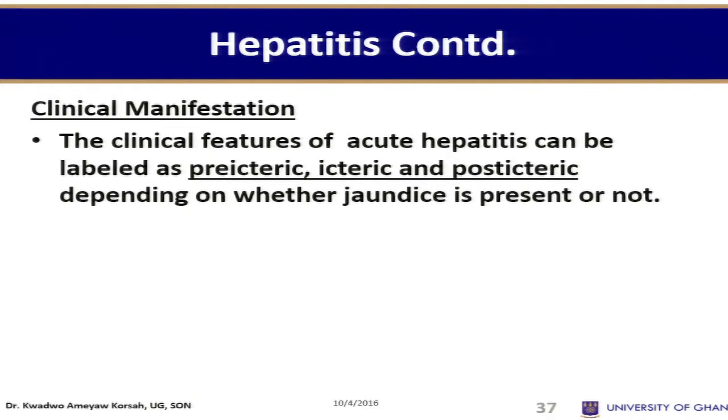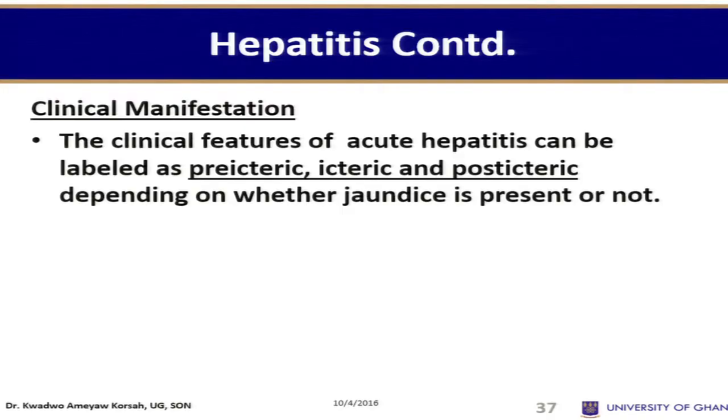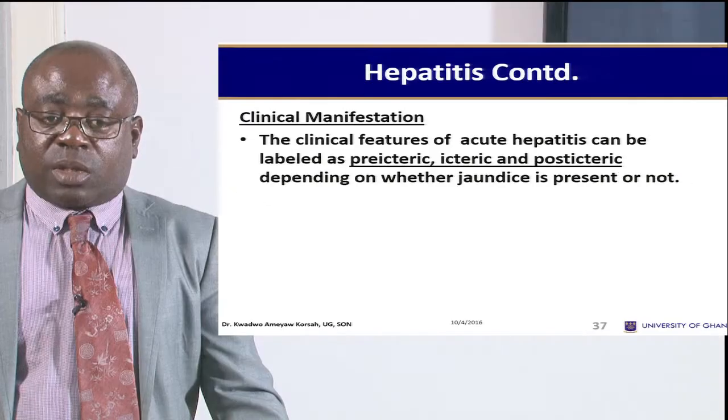And so, clinical manifestation of this condition: the features of acute hepatitis can be labeled as pre-icteric, icteric, and then post-icteric, depending on whether there is jaundice or not. So based on the clinical manifestation, whether the patient has jaundice or not, we have divided this into three: pre-icteric, icteric, and then post-icteric.